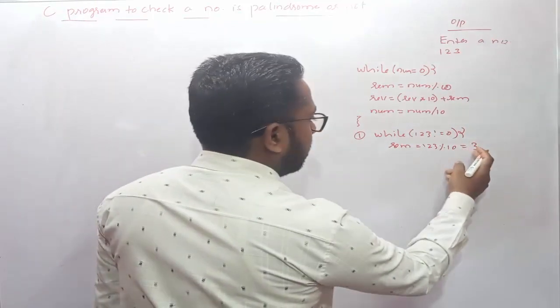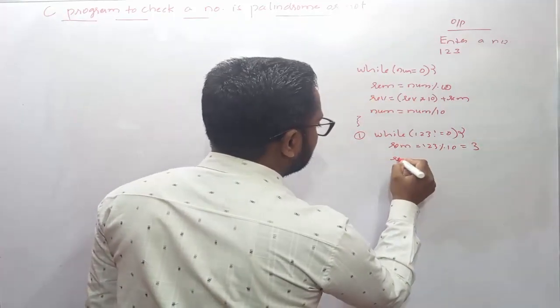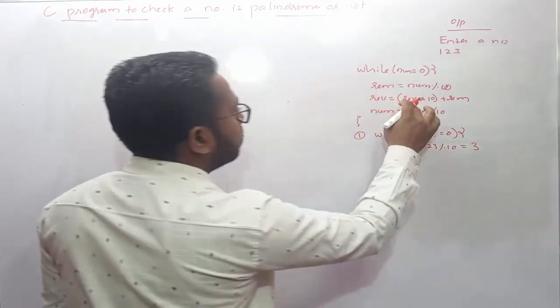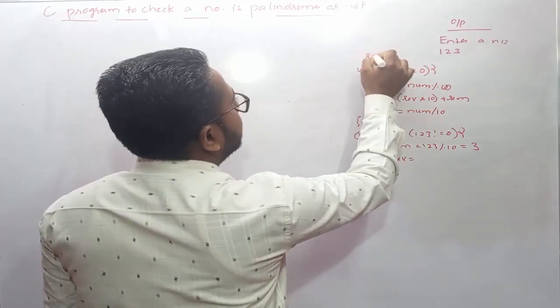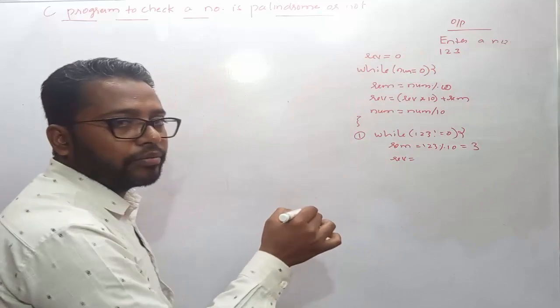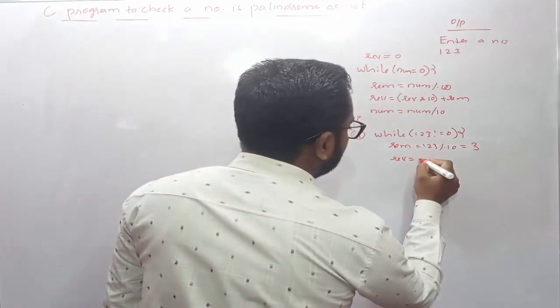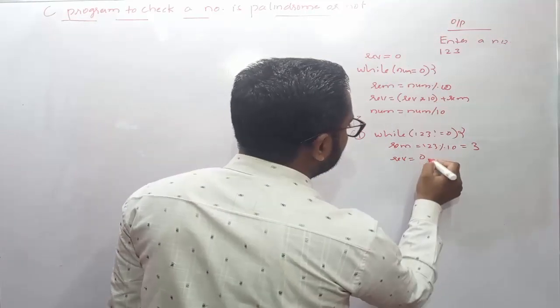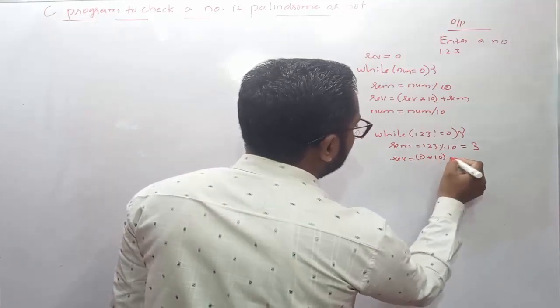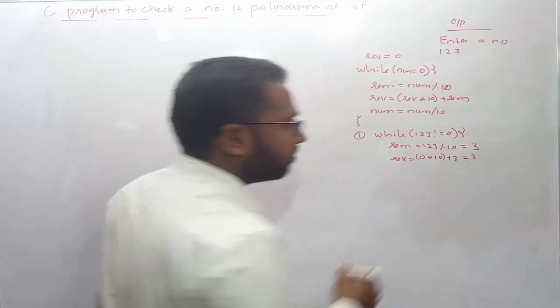Now I will use the value of remainder to perform the next step. Reverse equals to, what is reverse? We need to initialize the value 0 to reverse, and that value we need to use initially. Reverse is 0 into 10 plus remainder 3, which equals 3.